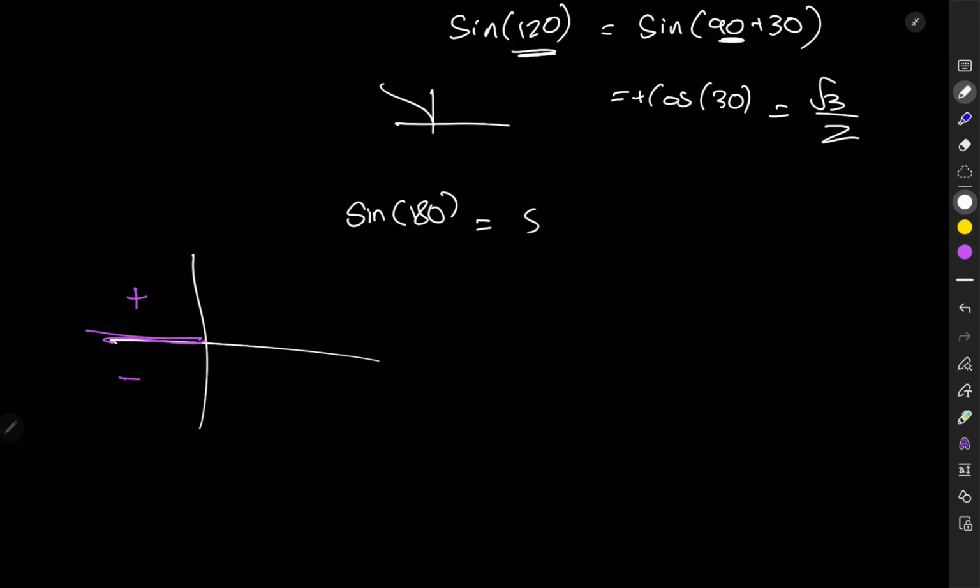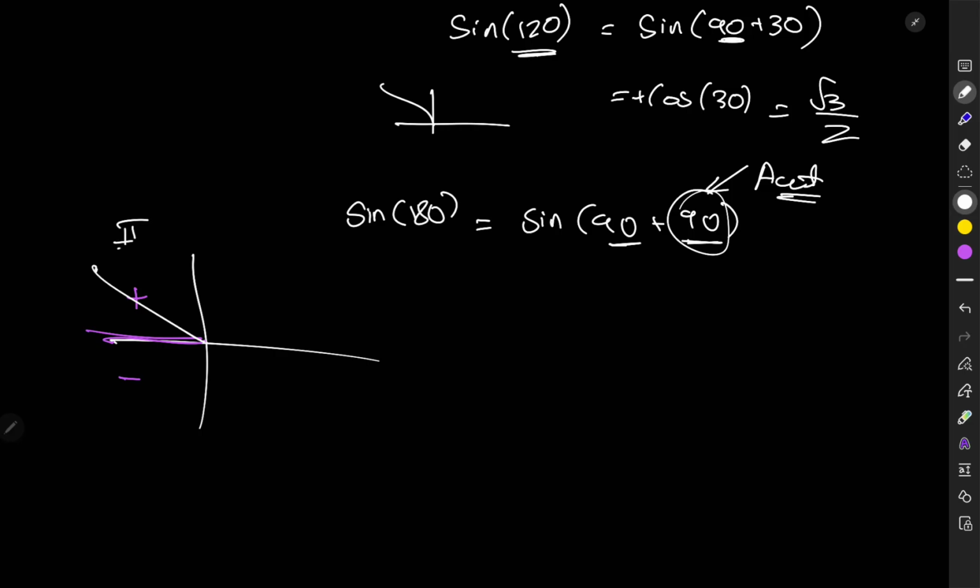I can always write this, it is never wrong, and I have always said this angle will always be treated as an acute angle only. Even if there is 90, you treat it as an acute angle. So it will come here in the second quadrant. In the second quadrant, sine will be positive, so sine 90 will be taken as such, sorry, cos 90, which is equal to 0.